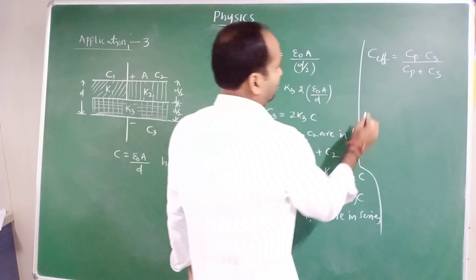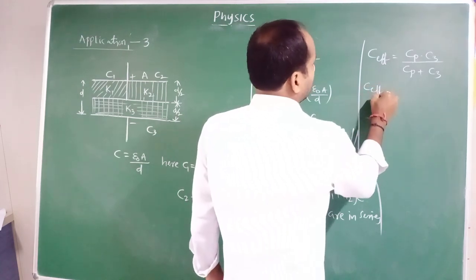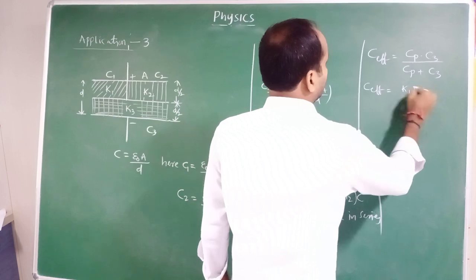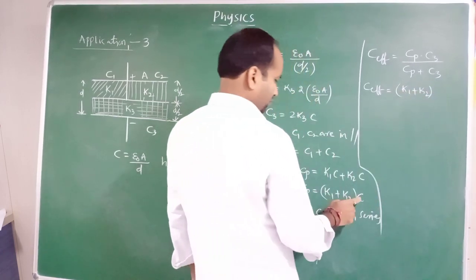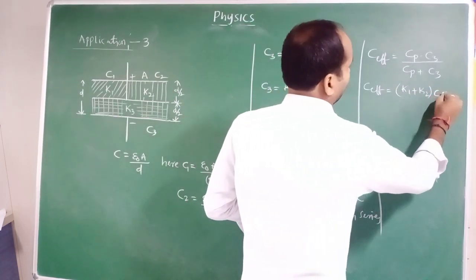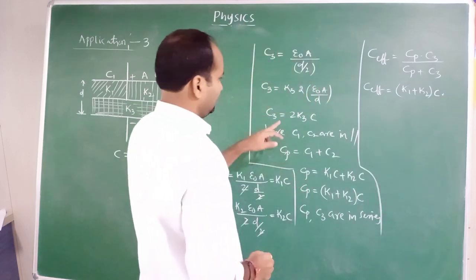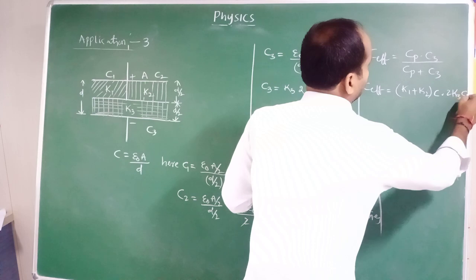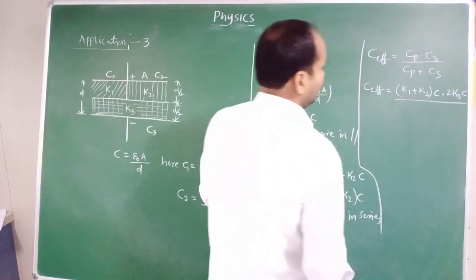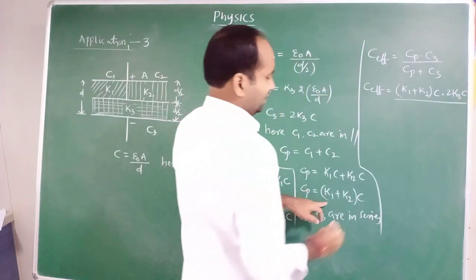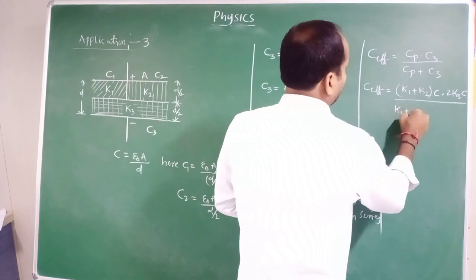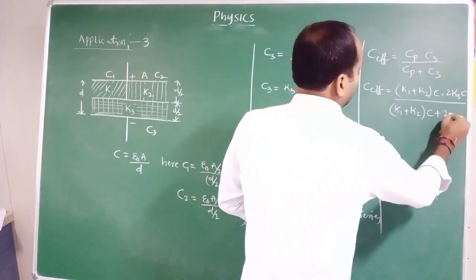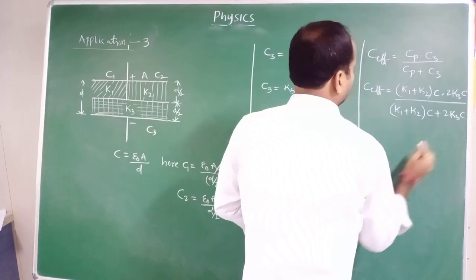What is the Cp value? It is K1 plus K2 into C, and C3 is 2K3C. So it is 2K3C by Cp plus C3, K1 plus K2 C plus 2K3C.